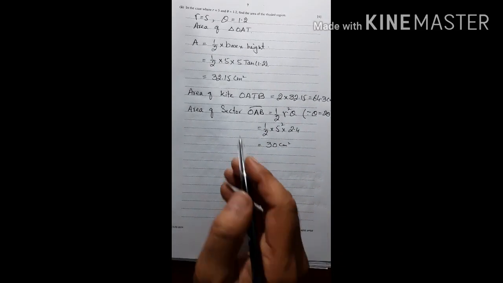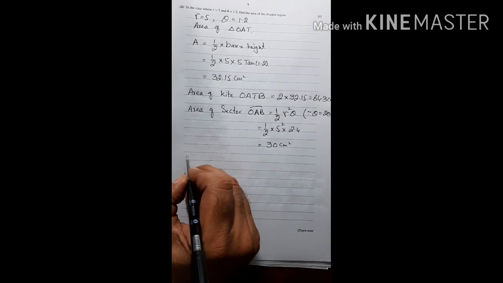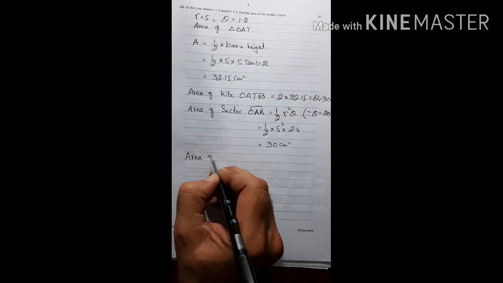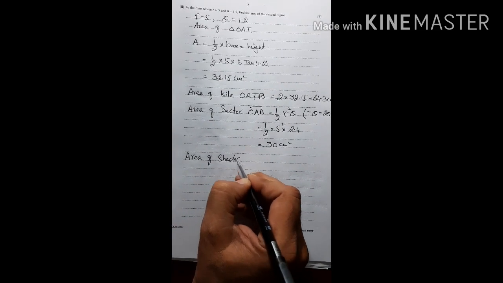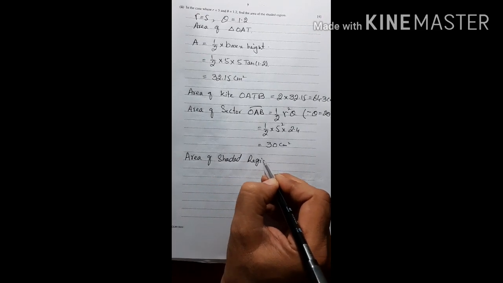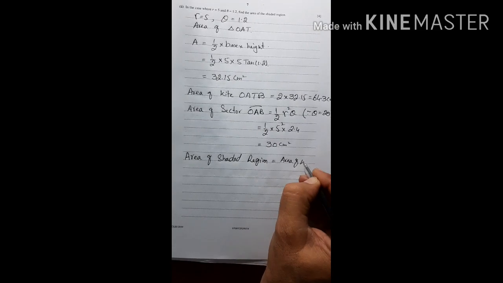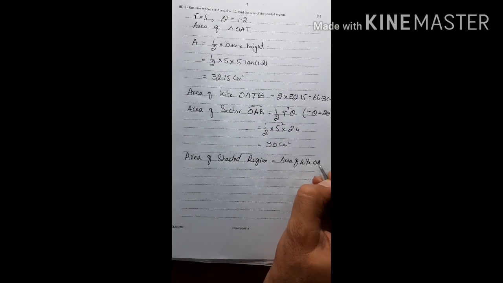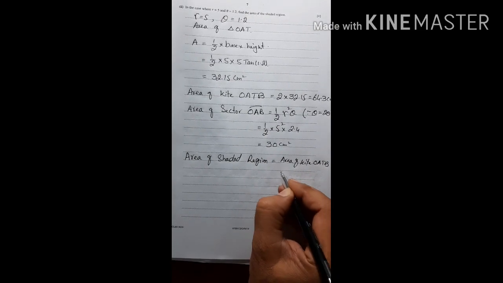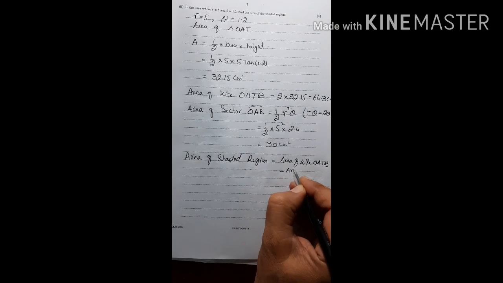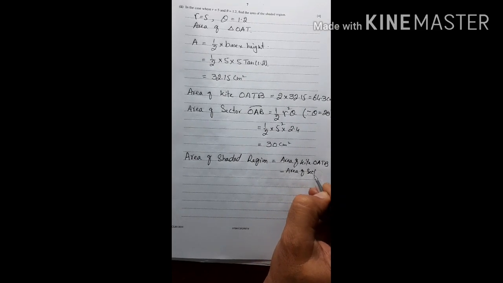Now the area of shaded region is equal to area of kite OATB minus area of sector.